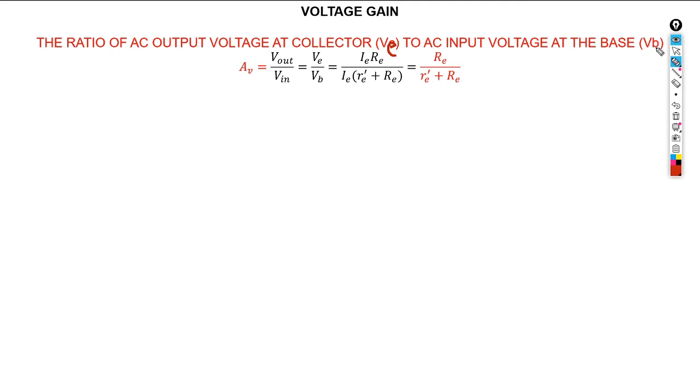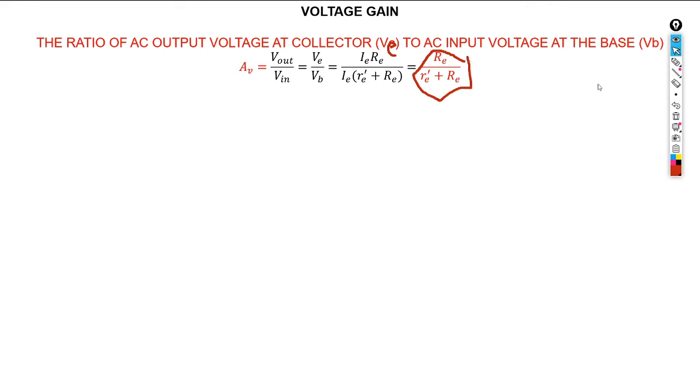So it's going to be V out over V in, VE over V base. Our V out is given by this equation, Ohm's law, but V in is going to be the addition of the two resistors, and therefore the voltage gain will be calculated by that.